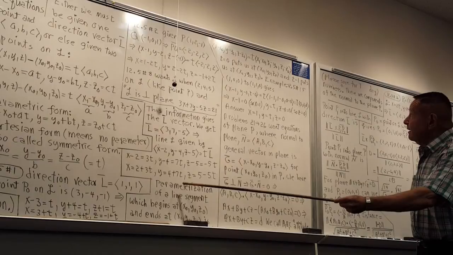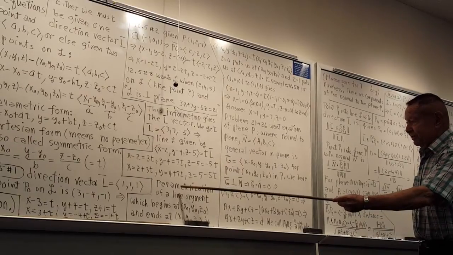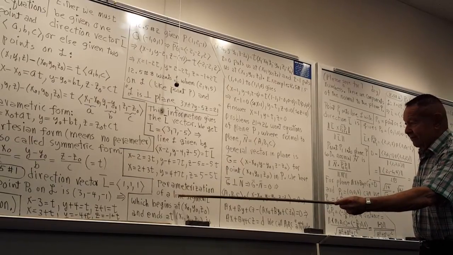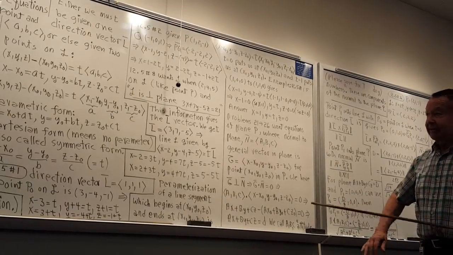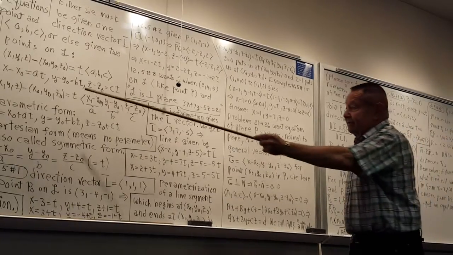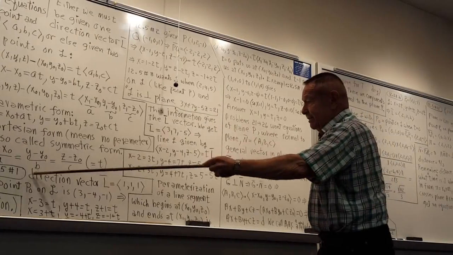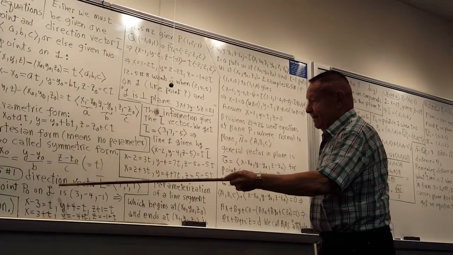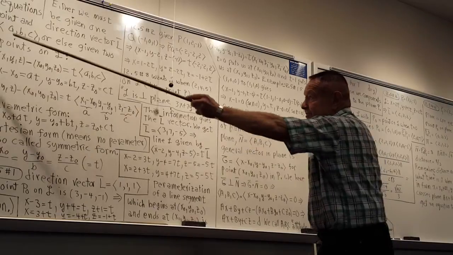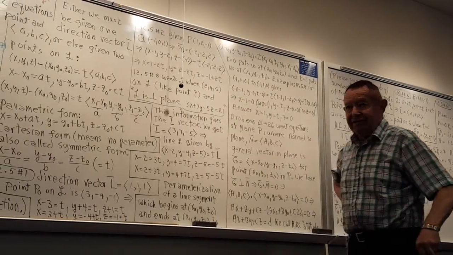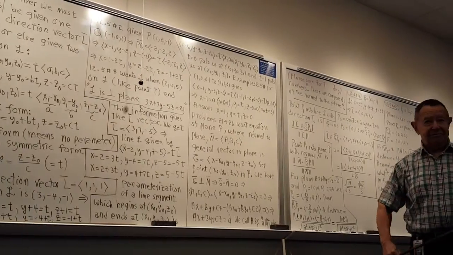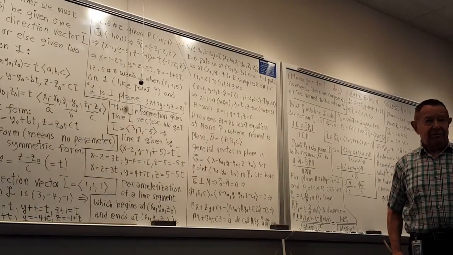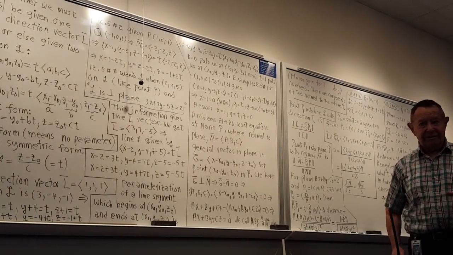So then there are some questions that want you to parameterize a line segment. Well, the difference is that in these problems, the t can take any value as you extend indefinitely far on your line. If you have a line segment, it starts at one point and ends at another point.